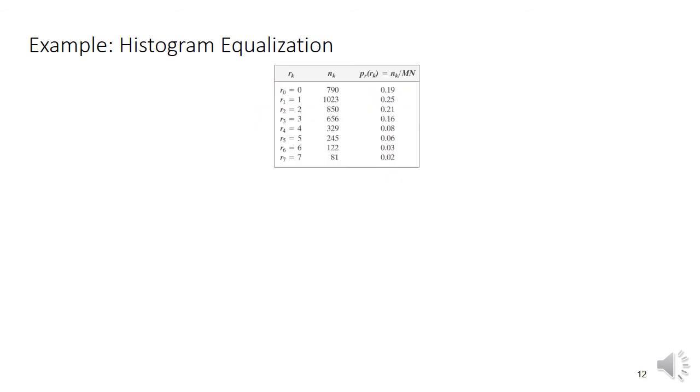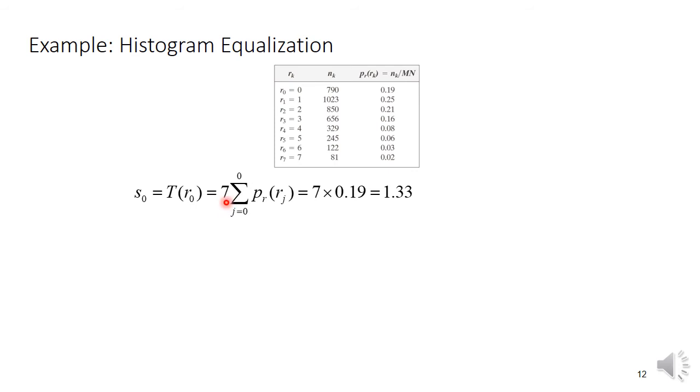So this is the table which we have got, and now we have this distribution function for discrete values. So we have s naught, which is equal to the transformation upon r naught, and we have the formula L minus 1.